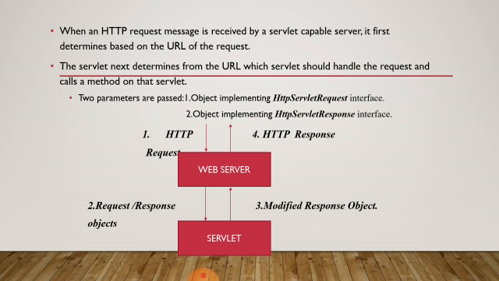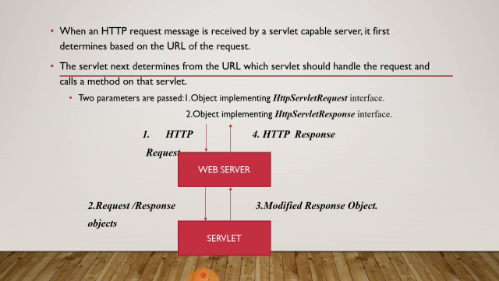Okay, see here, when an HTTP request message is received by a servlet capable server, it first determines based on the URL of the request. So it will determine from which URL the request came. That is, you are supposed to give in the URL, that is www dot any website name. So it will generate from the URL. The servlet next determines from the URL which servlet should handle the request.